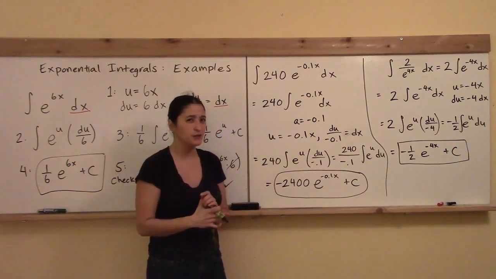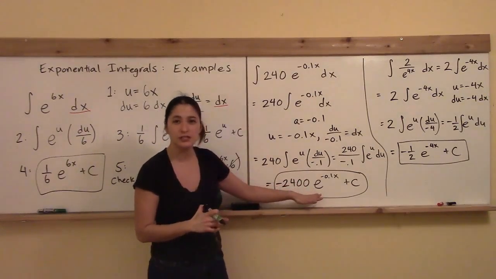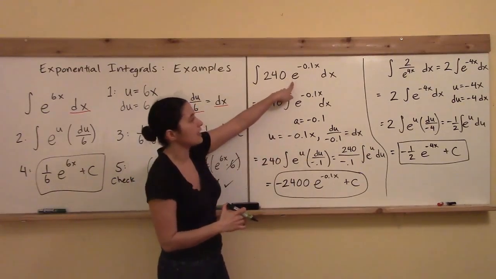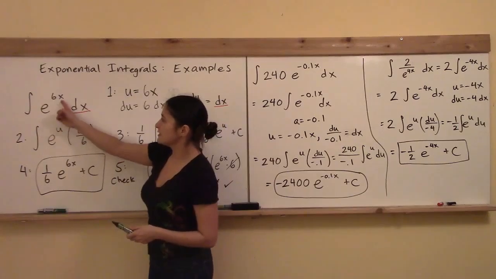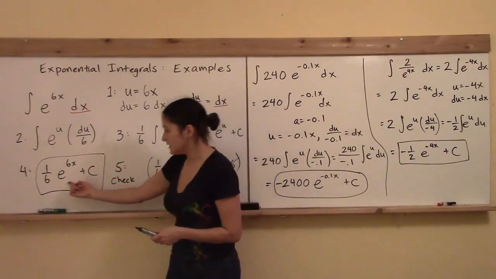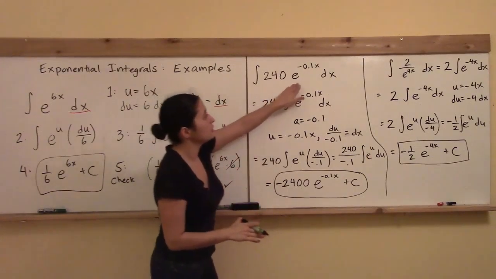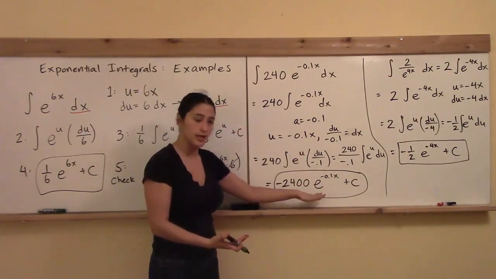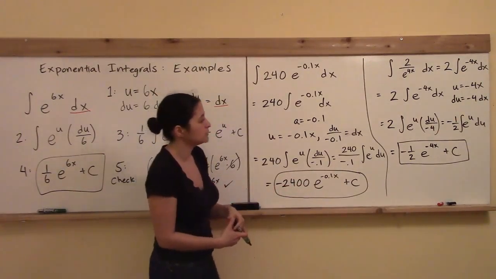One thing that I want you to notice is that each of these answers have a growth rate, which is the same growth rate as that asked in the question. Okay, so notice that when I integrate e to the 6x, I have e to the 6x times 1 over 6. When I integrate e to the minus 0.1x, I get e to the minus 0.1x, and then there's some constants that jumble around through the U substitution.